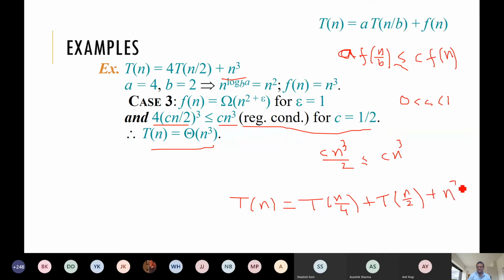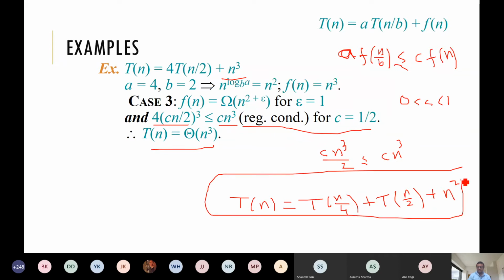We have seen this recurrence, I think, and we have drawn the recursion tree for this. Now, can you try to solve this recurrence using the master method? Can this recurrence be solved using the master method? Any idea?